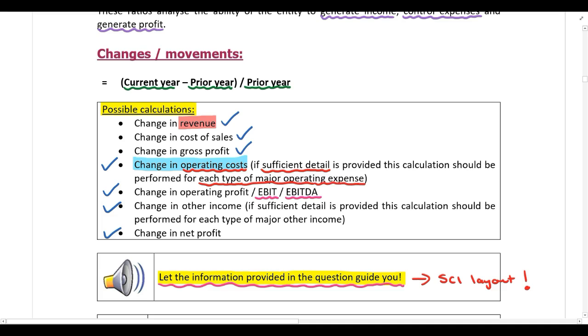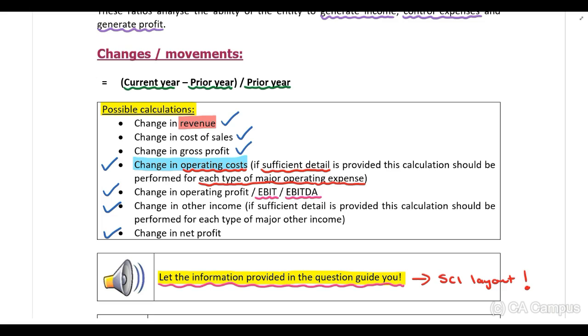So if you're given the breakdown of what operating costs are made up of, so for example, they might tell you that included in operating costs, you've got salaries and wages, sales and distribution costs, marketing costs, depreciation, water, electricity, etc. If that breakdown is provided, then you should perform this calculation for each major operating expense.